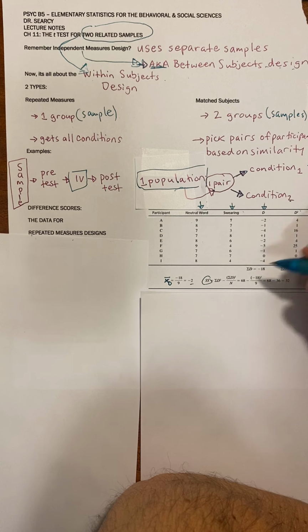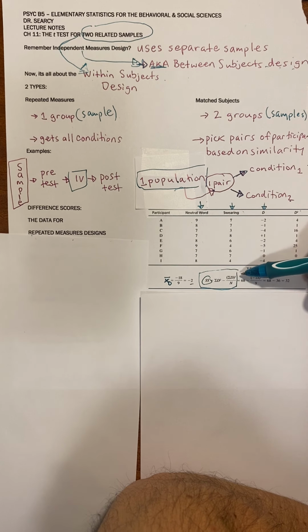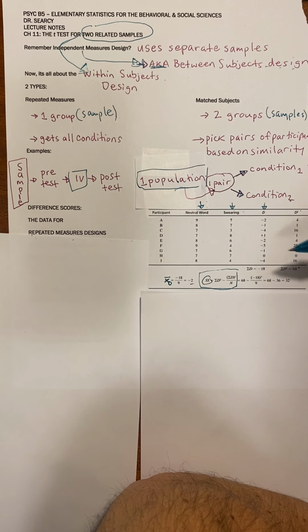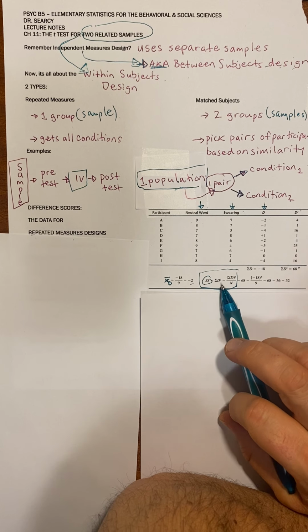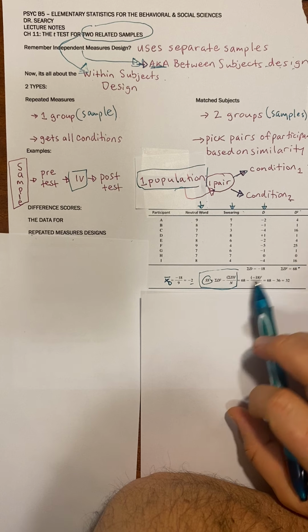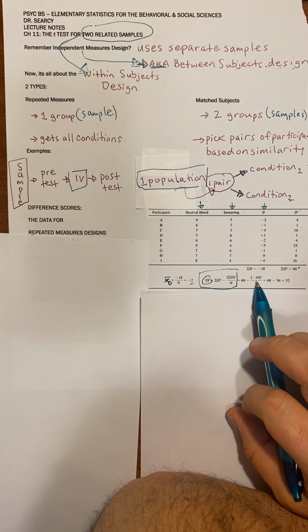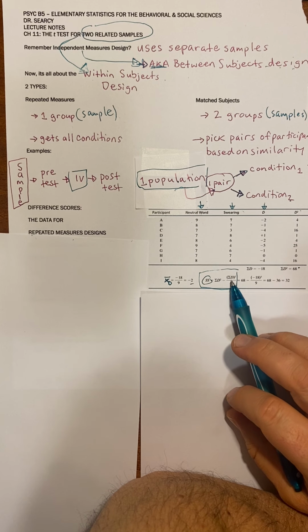From there, right, the way that we calculate the sum of squares was we used our computational formula that we learned back in chapter 4. You're going to take your sum of the squared differences, which is that 68, and you subtract this fraction, which is your difference scores summed and then squared.